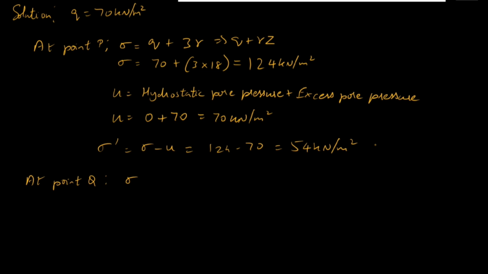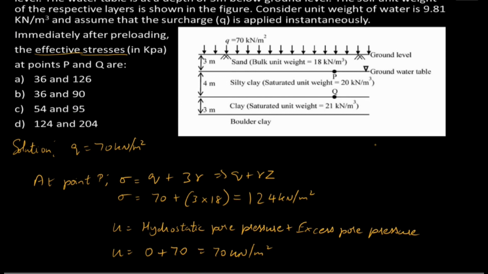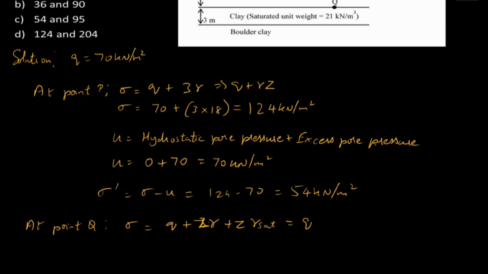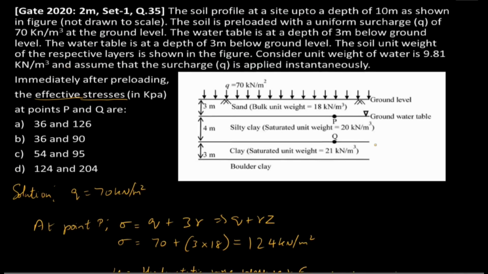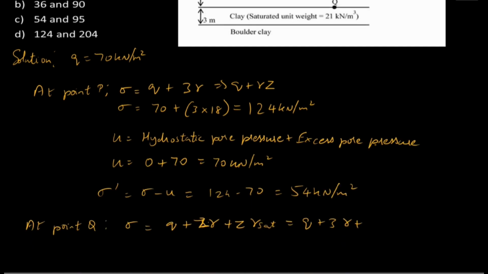Now at point Q, total stress is equal to Q plus Z gamma plus Z gamma saturated, which is Q plus 3 gamma plus 4 gamma saturated.